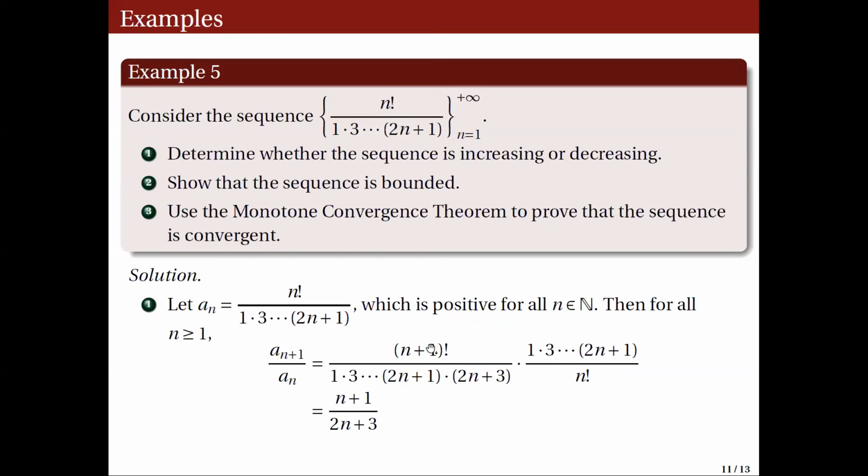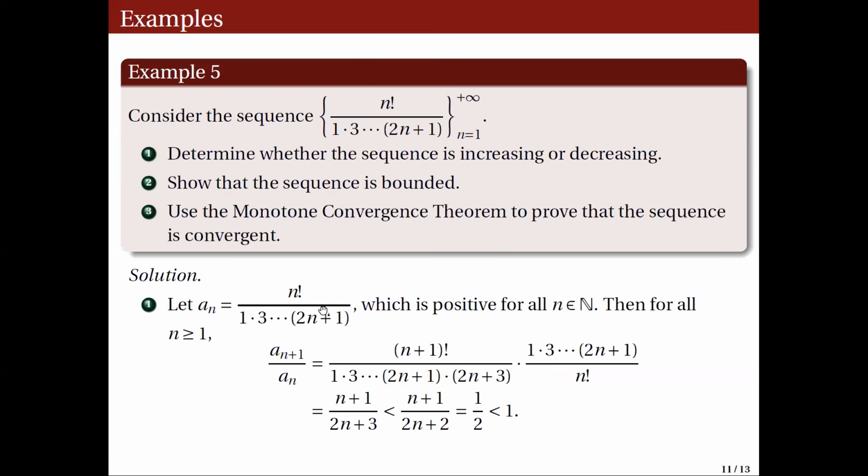And then as you can see, all the factors will cancel out except n plus 1 and 2n plus 3. And then as you can see here, 2n plus 3 is always greater than 2n plus 2. So therefore, the fraction n plus 1 over 2n plus 3 is less than n plus 1 all over 2n plus 2, and therefore this is actually equal to 1/2, which is obviously less than 1.